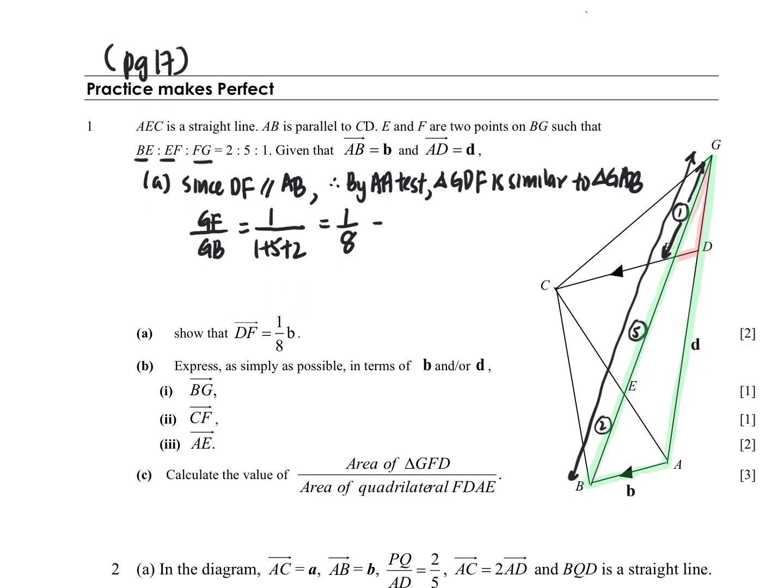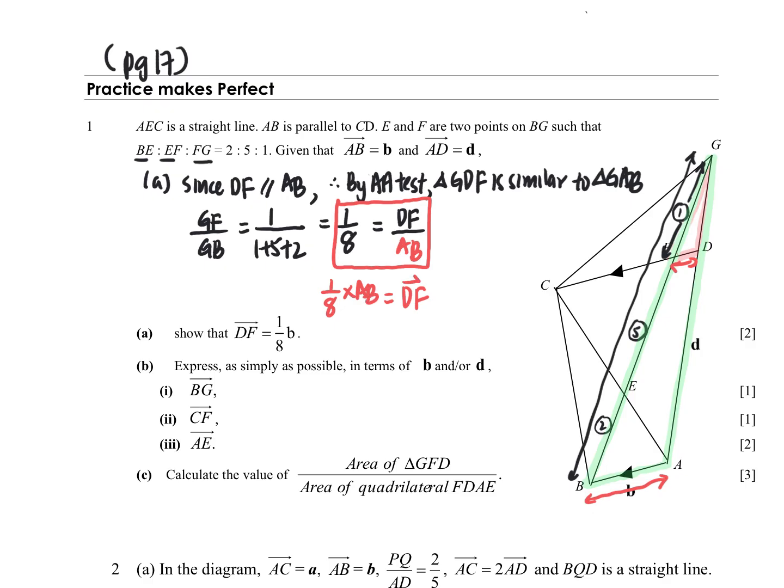This ratio is the same as DF, the base, to the big base. So DF is to AB, it should give me the same ratio. So if I relate this together, DF is the same as 1/8 of AB.